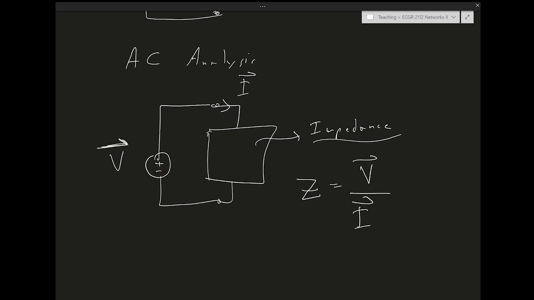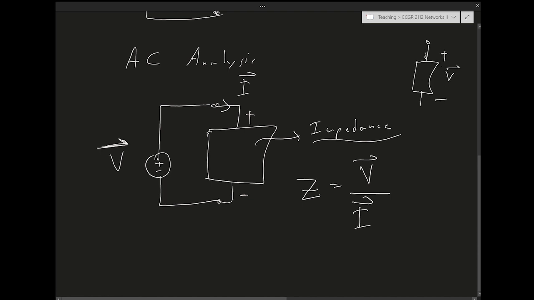What's the passive element convention? When I measure V across a circuit or element like this, I need to measure I going in, in this direction, to get Z, right?